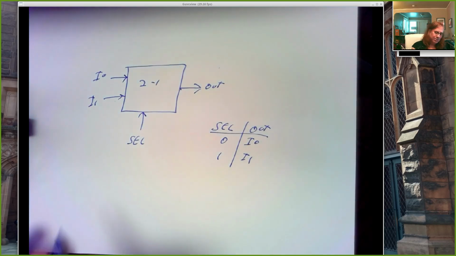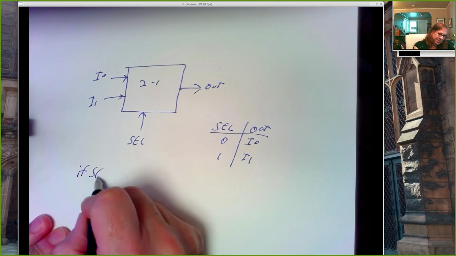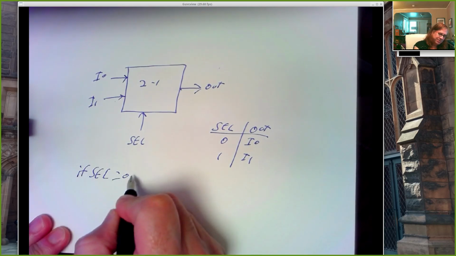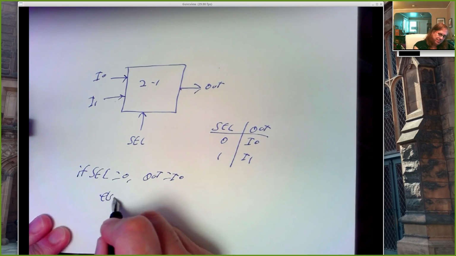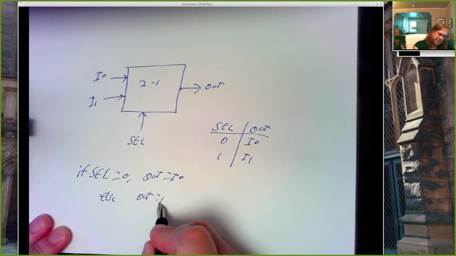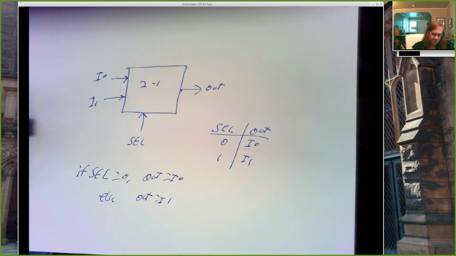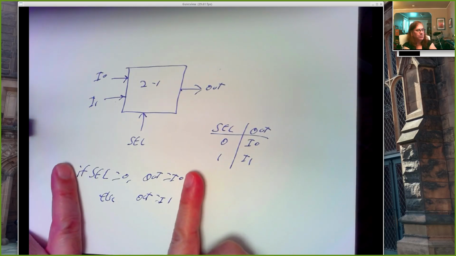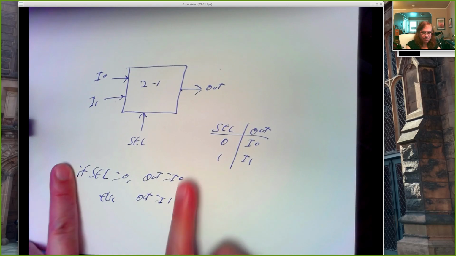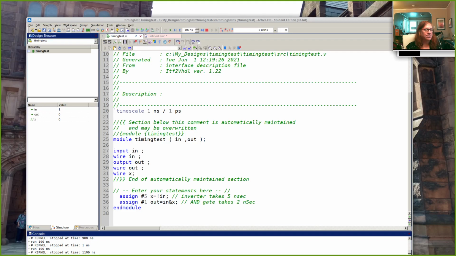So our behavior is if our select equals 0, out should be I0. Otherwise, out should be I1. And we can use this notion of what our circuit should do to write our Verilog code. We're not going to use an if statement, but we're going to use this ternary operator.